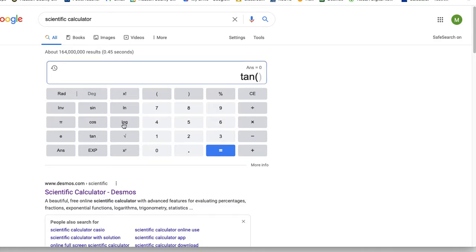Always enter tangent of 45 and see if it equals 1. If it's 1.6, that means it's in radian mode, and now you know to change your mode from radian to degree. That is the common reason why you're not getting these calculations correct.